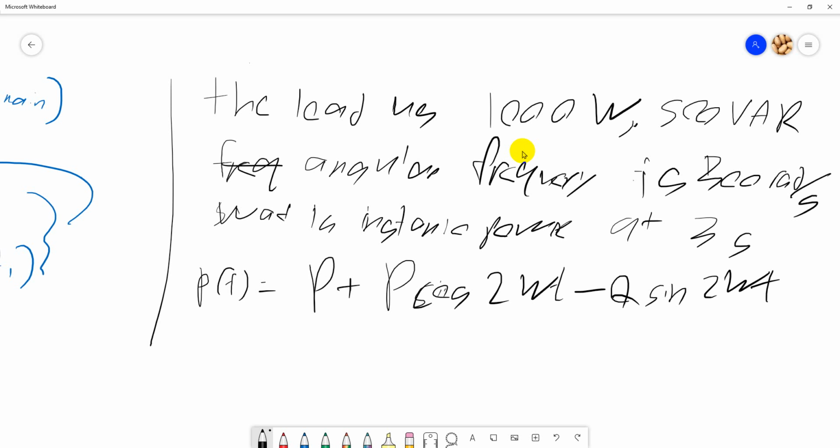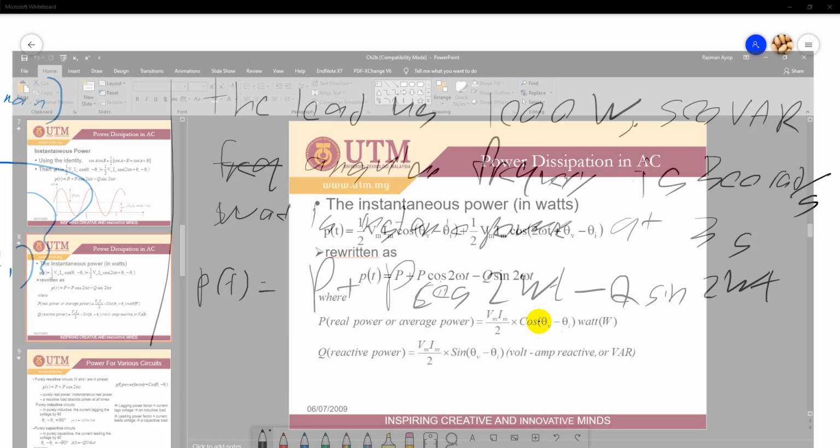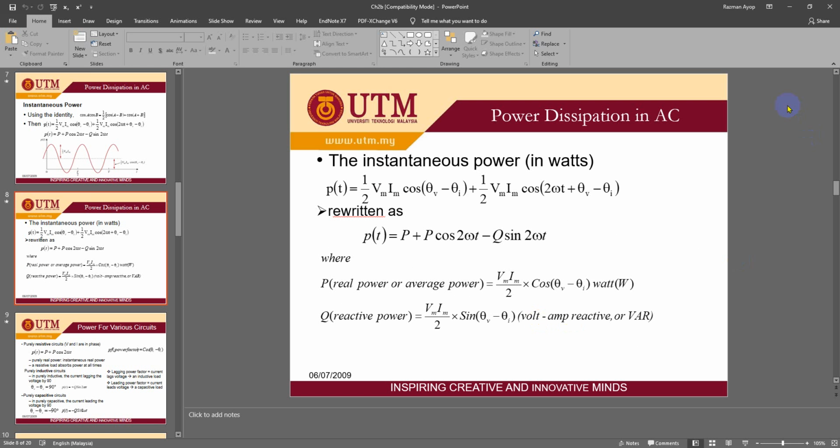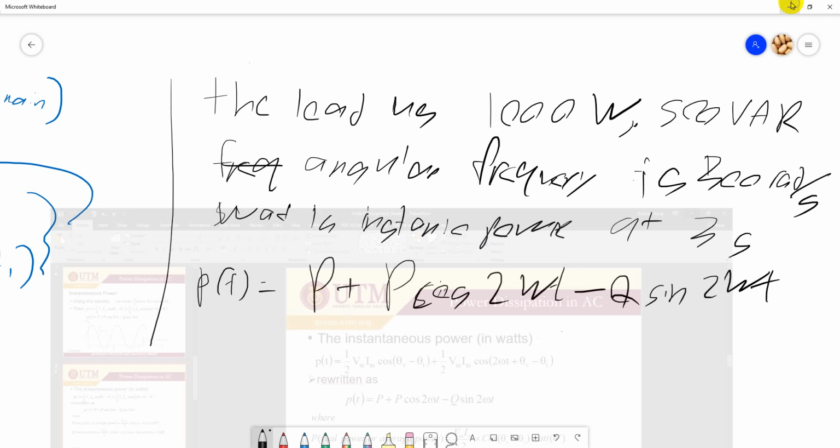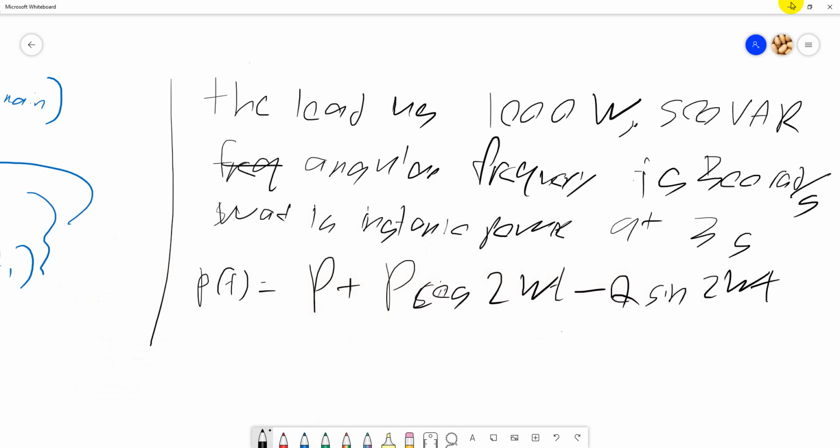You just insert these values into the formula and you get the instantaneous power at a certain time. So you need to memorize this formula, and not how to derive it, because it is usually asked in the theory.